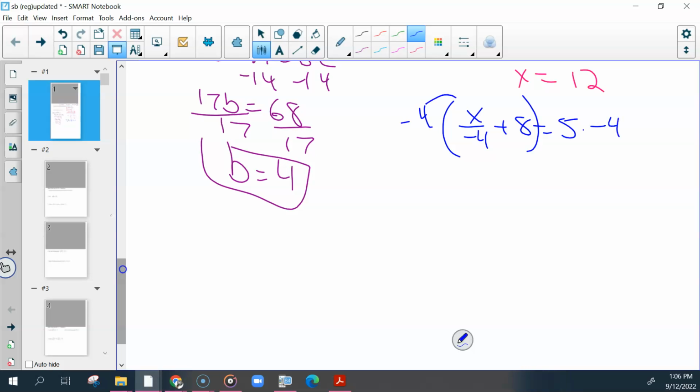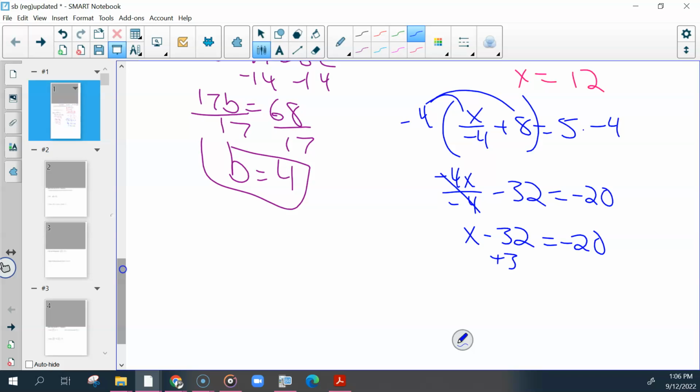So I would be distributing this negative 4 to the numerator only, so negative 4x over negative 4 minus 32, equals negative 20. Then I can simplify the negative 4s, so they cancel, leaving us with x, and then add 32 to both sides. You would get the same answer either way, it's just how you choose to see it.